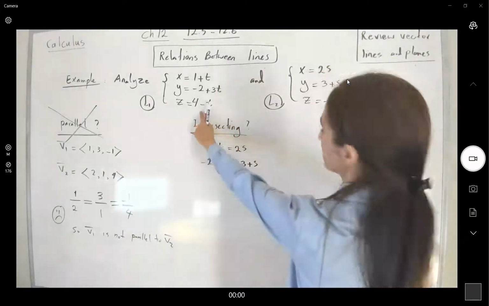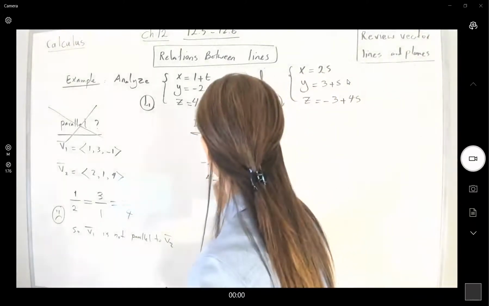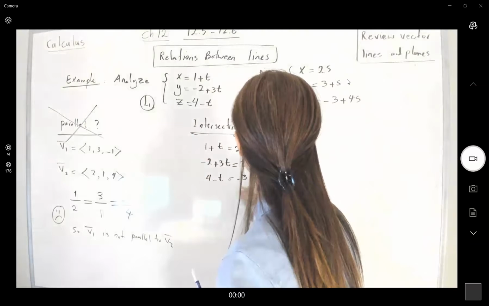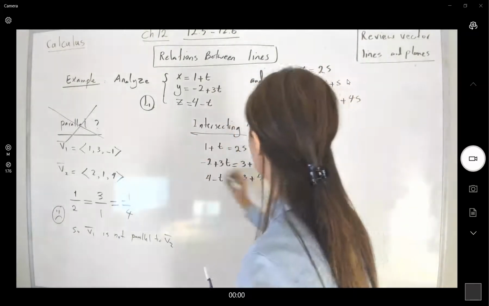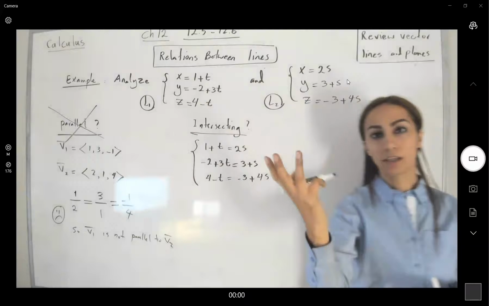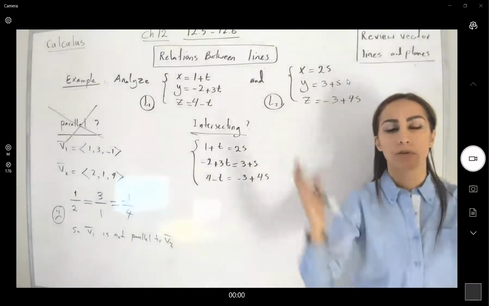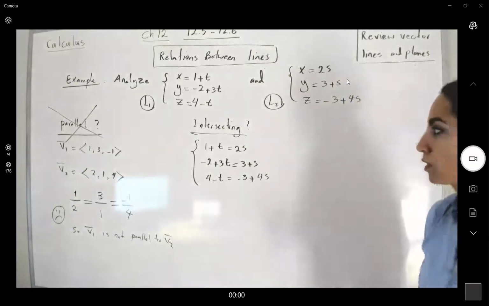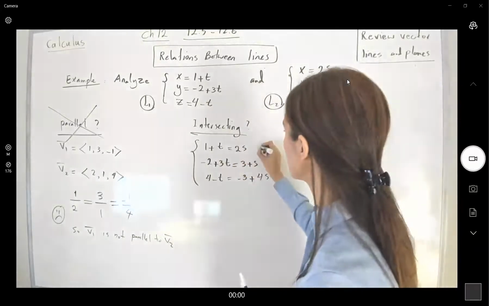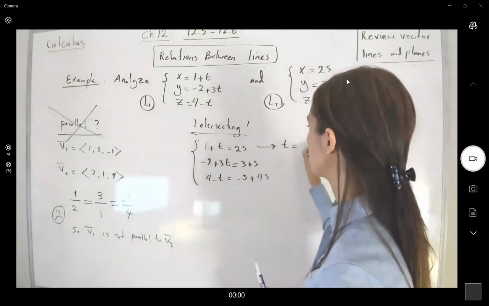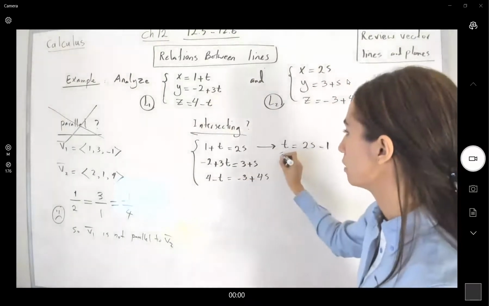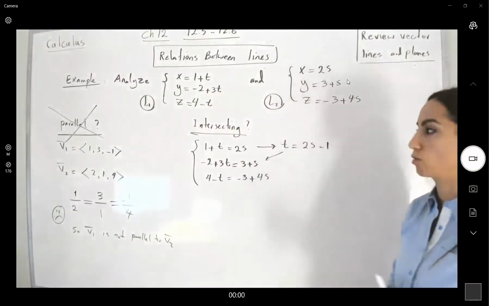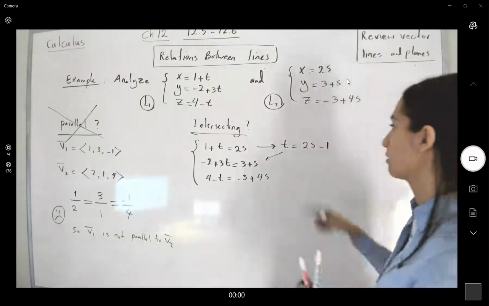And finally, the last equation, 4 minus t is negative 3 plus 4s. Okay, we have 3 equations with 2 variables. We can easily solve it. The first equation says t is 2s minus 1. We can substitute that into the second or the third equation to find the next variable.